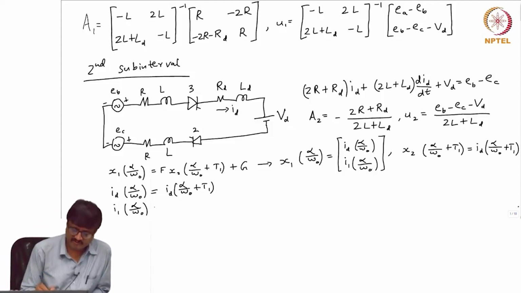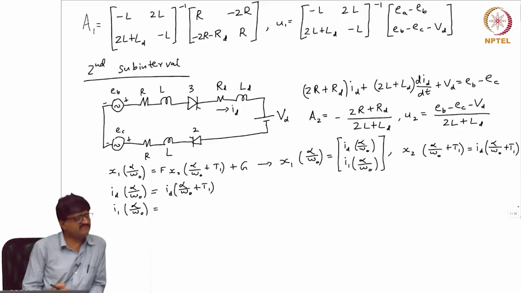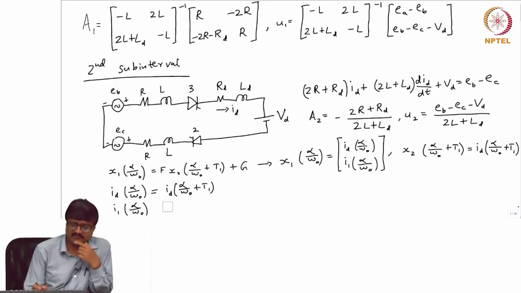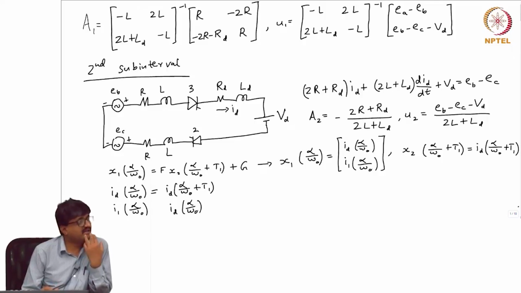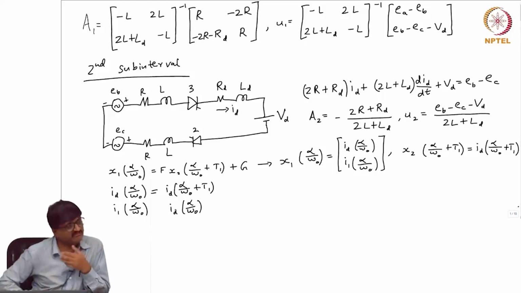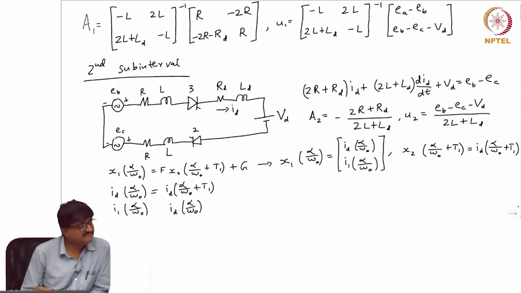So, ID at alpha by omega O is the same as ID at alpha by omega O plus T1. Then, what about I1 at alpha by omega O? Can I relate I1 at alpha by omega O and ID at alpha by omega O? Why one should do this becomes clear shortly. Both are equal.